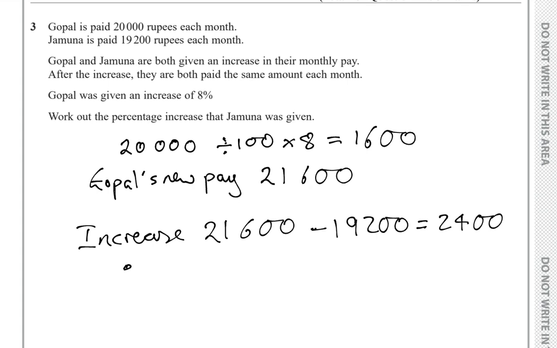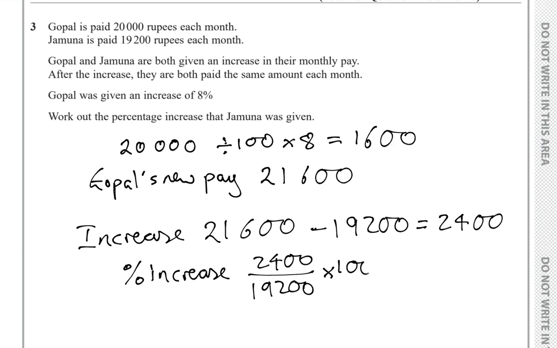So the percentage increase, we write it as a fraction of the original price. So how much was it originally? 19,200. And then that's a fraction. To get it into a percentage, we times it by 100.